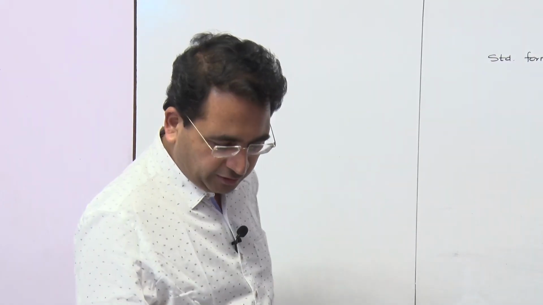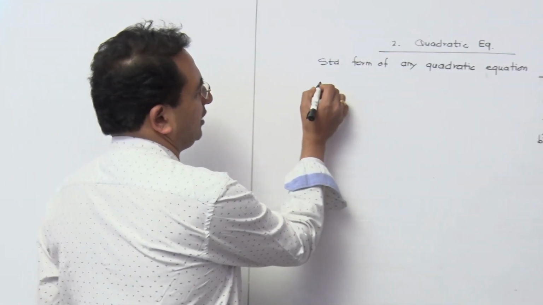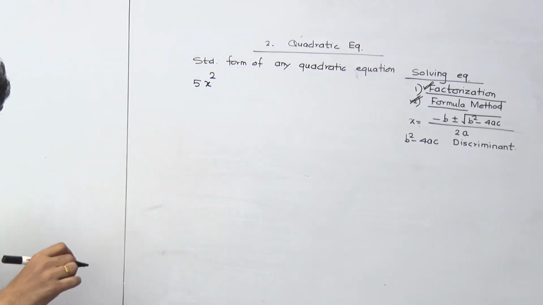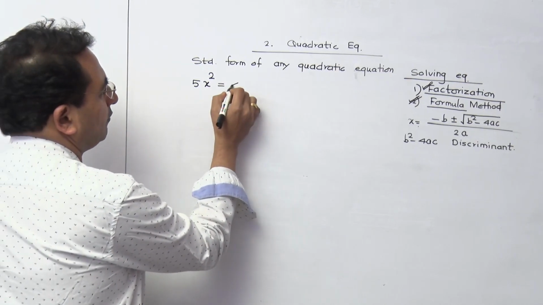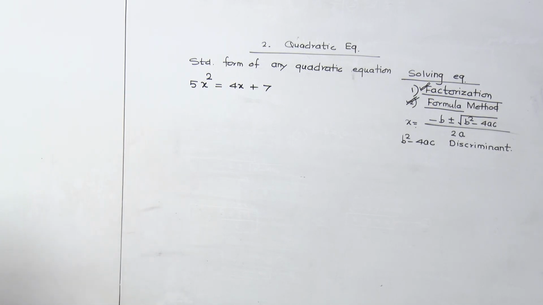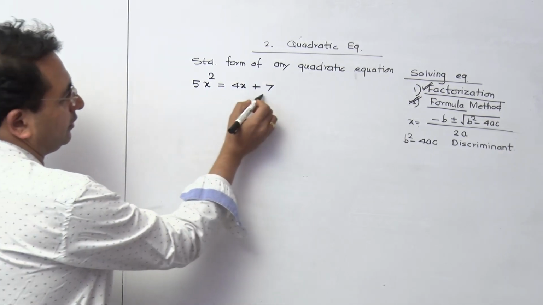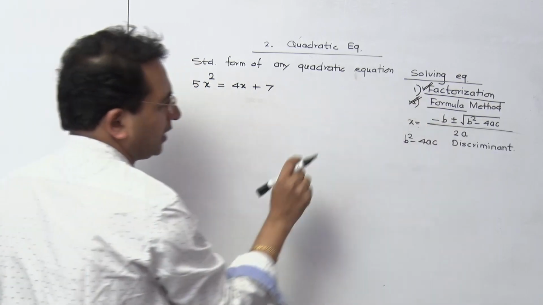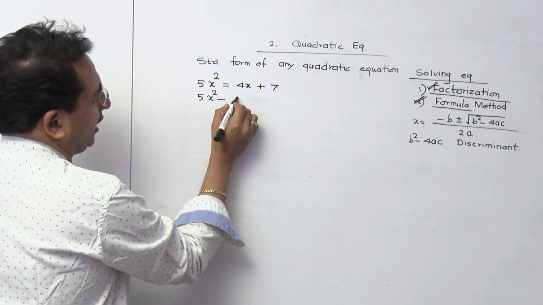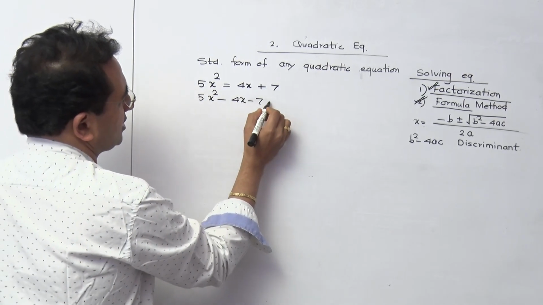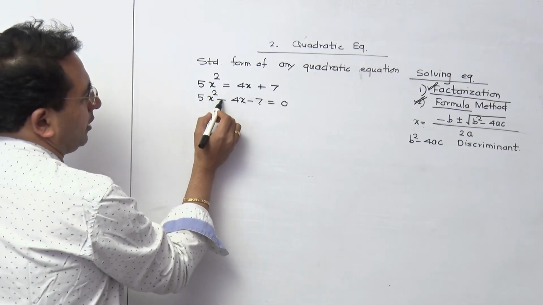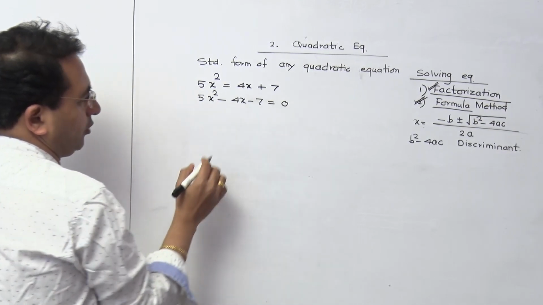Okay, let us go for the next equation. The method is the same. Solve this equation by using the formula. It is 5x square is equal to 4x plus 7. As I mentioned earlier, this is not the right form for this formula. For this, we have to write the equation in standard form: 5x square minus 4x minus 7 is equal to 0.